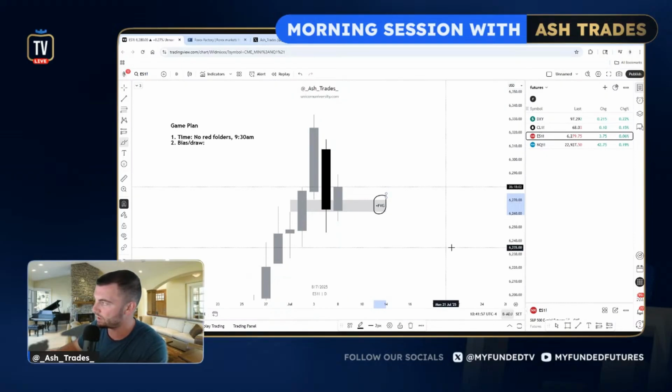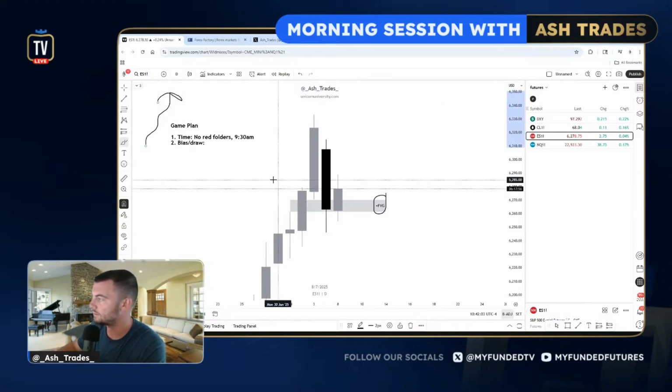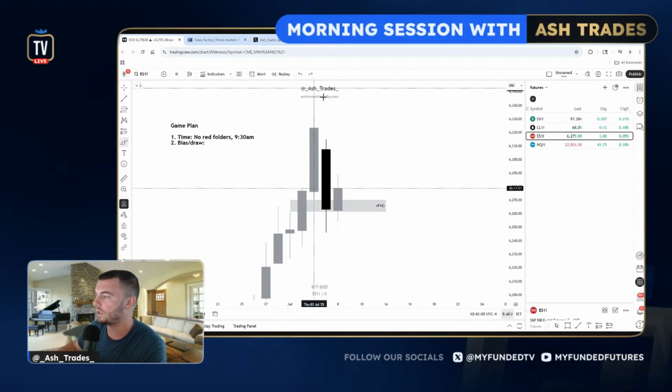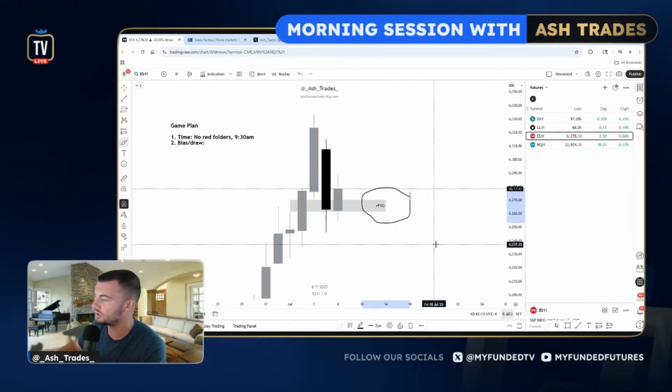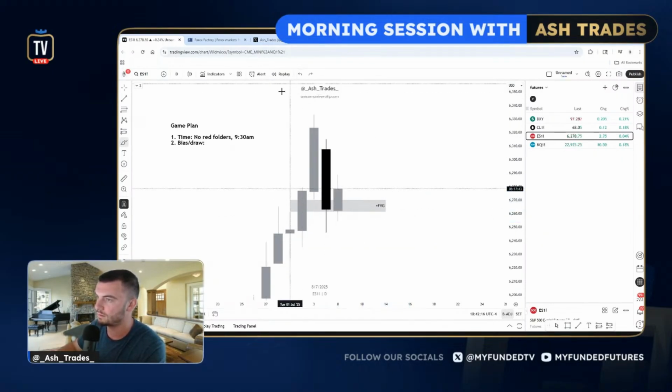When price is located at a bullish FVG on the daily chart, I have a bullish bias. So I'm looking for a bullish position for this reasoning right here, looking to see if this area provides any support for price.